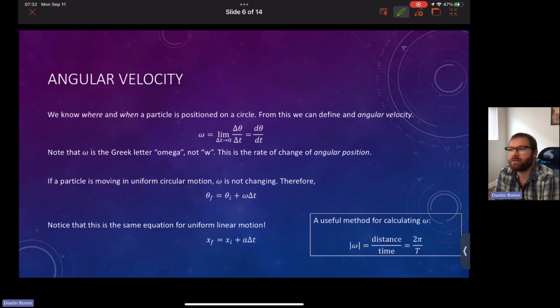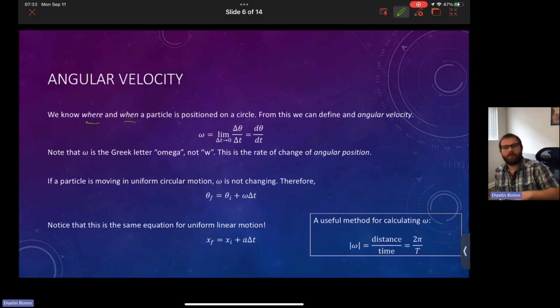Okay, so we talked about angular position and angular displacement. Now the natural step from here would be angular velocity. It's just like kinematics all over again in Cartesian coordinates. We're going to do displacement, velocity, acceleration. So now let's think about angular velocity. We know where and when. We've just spent 10 minutes figuring that out.